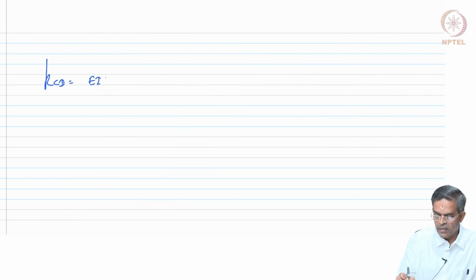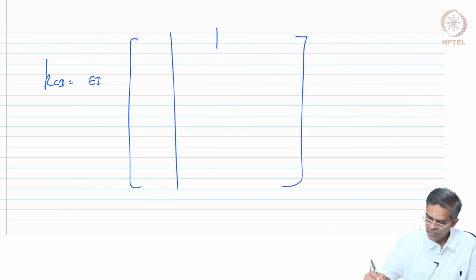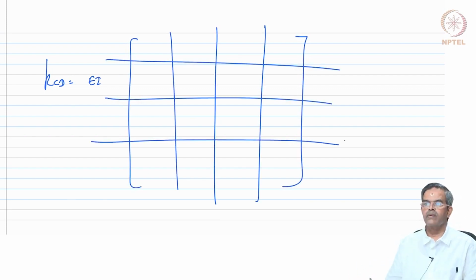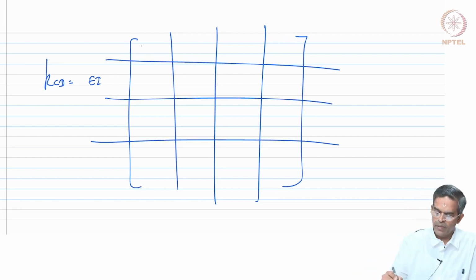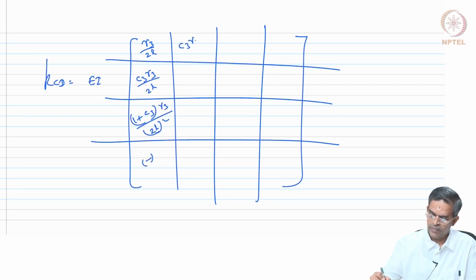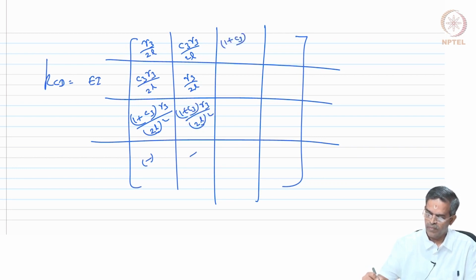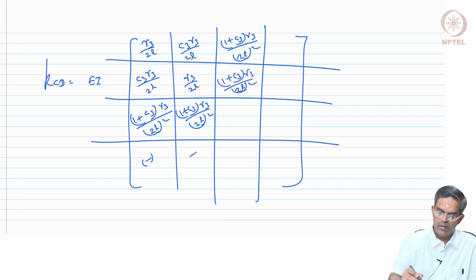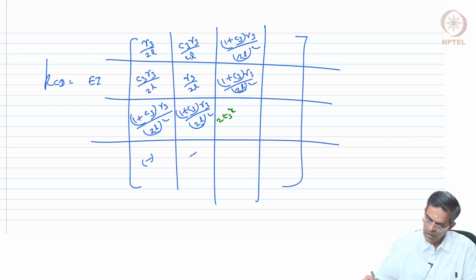So, KCD is EI times of R3 by 2L, C3 R3 by 2L, 1 plus C3 of R3 by 2L the whole square, negative, and this value will be 2 times of T3 R3, 1 plus C3 by 2L the whole cube, negative.